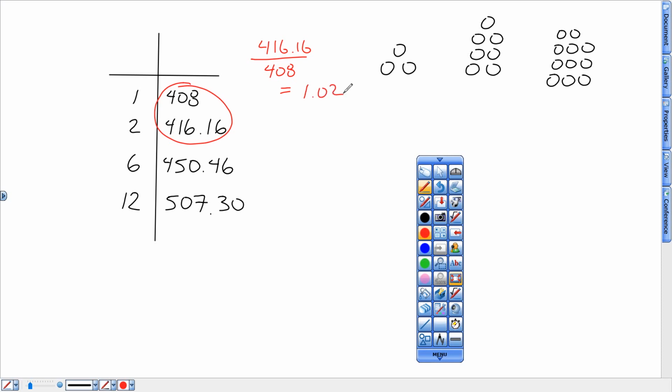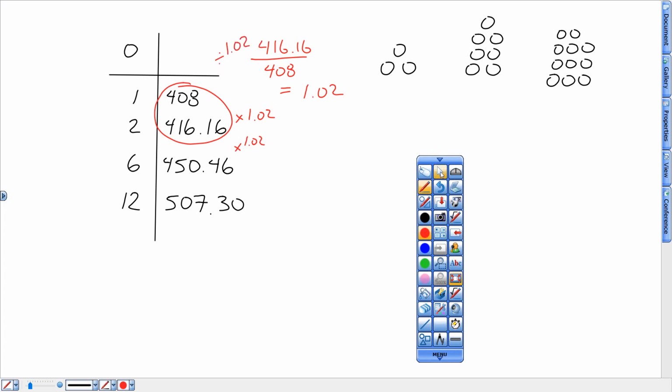That's the number that I'm timesing each time. That's the number that I'm using to backtrack to the 0 term. I'm going to divide by 1.02. So let's write that. Going up this column, dividing by 1.02.